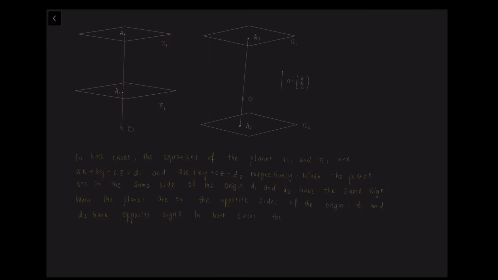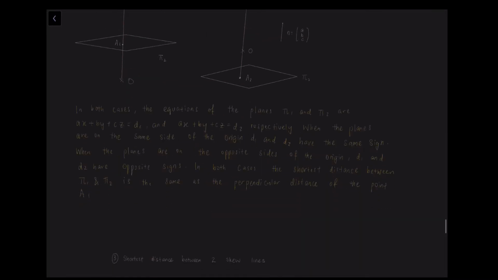In both cases, the shortest distance between pi1 and pi2 is the same as the perpendicular distance of the point A1 from the plane pi2. So this is given as the modulus of A1 dot n minus d2, over the modulus of n.